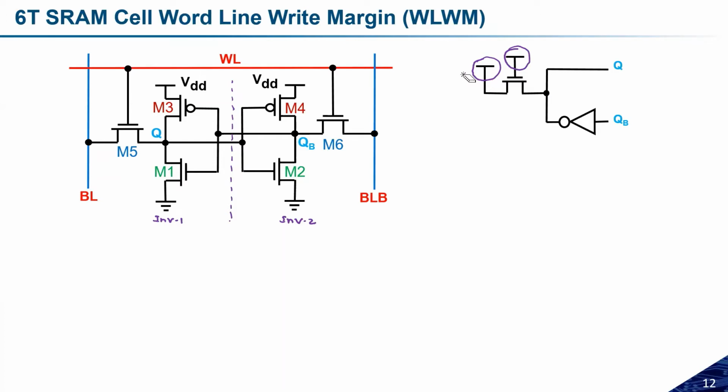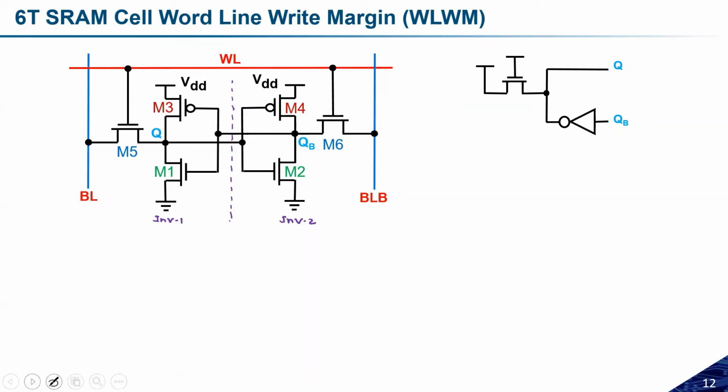To calculate the word line write margin, on the left-hand side of this memory, for inverter number 1, the setup should be such that the bit line is connected to logic 1 and the word line is connected to logic 1 for this transistor. Now what about the second inverter?